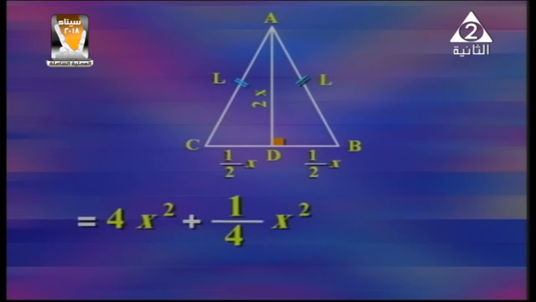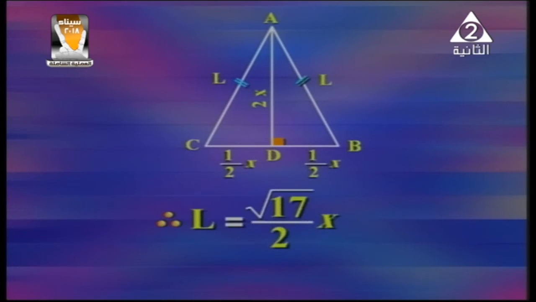Then L squared equals 4x squared plus quarter x squared equals 17 over 4 x squared. This is L squared. After that, we find the length using the square root. L equals square root 17 over 2 x.